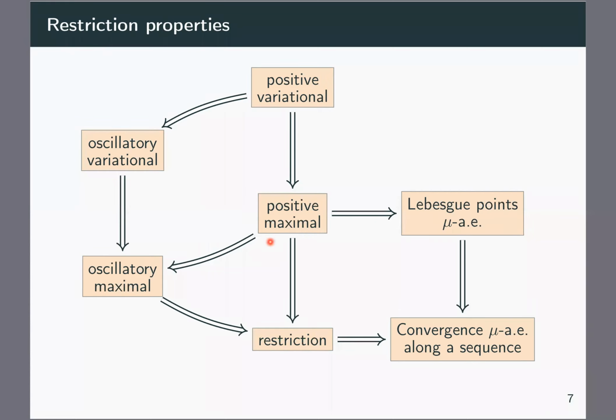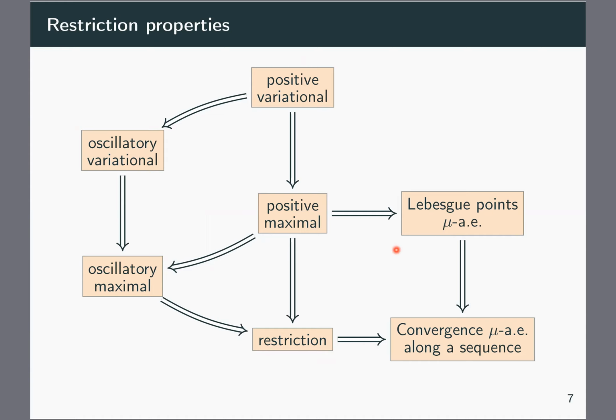So we've seen that the positive maximum restriction inequality implies Lebesgue points mu almost everywhere. And before that, we've seen that the restriction inequality itself already implies convergence mu almost everywhere along a sequence for the Fourier transform. What we really want to have is an implication from restriction up to Lebesgue points mu almost everywhere.